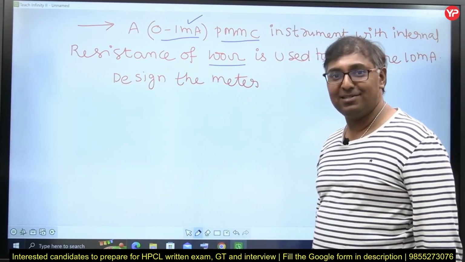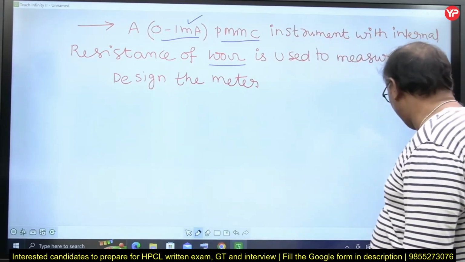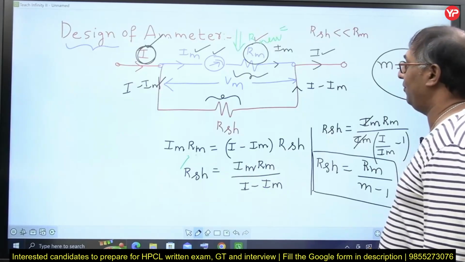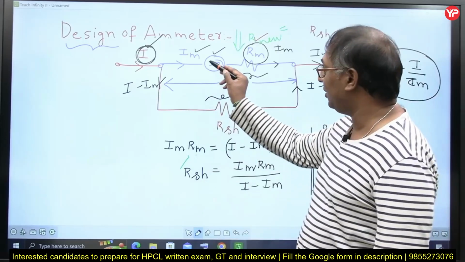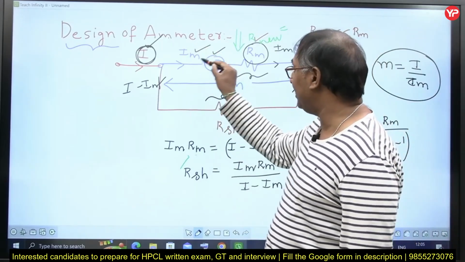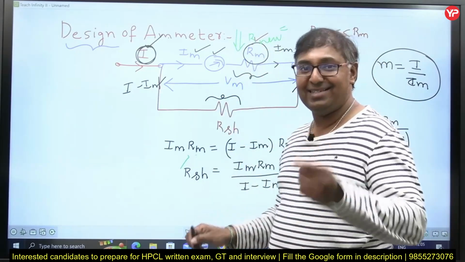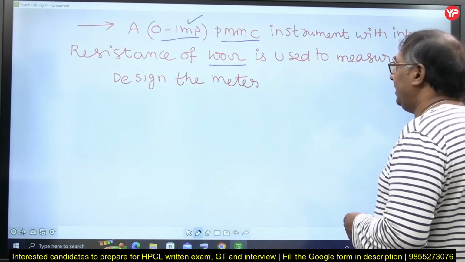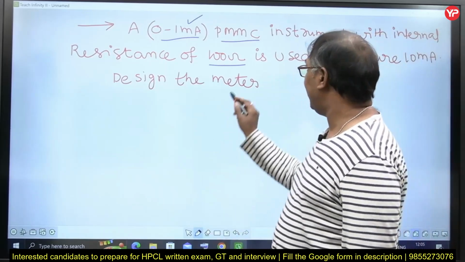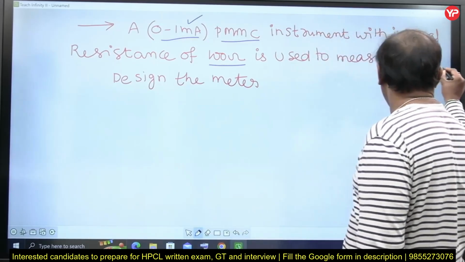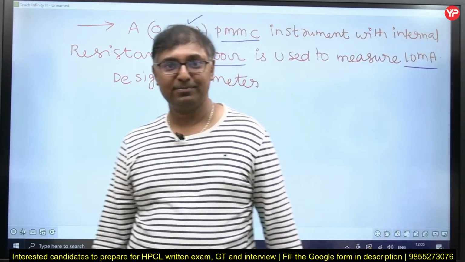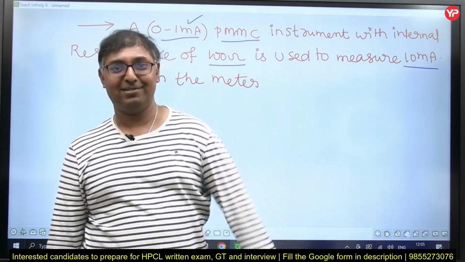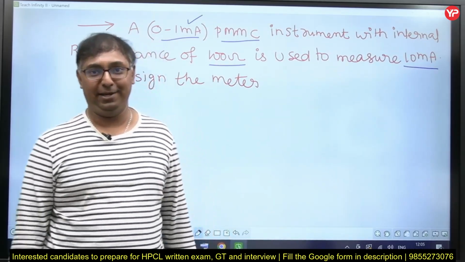As I said earlier, IM has to be given and RM has to be given. Exactly that is given. And now the examiner is asking to extend to what range? 10 milliampere range. Two currents, one resistance has been given. It is perfectly given here.